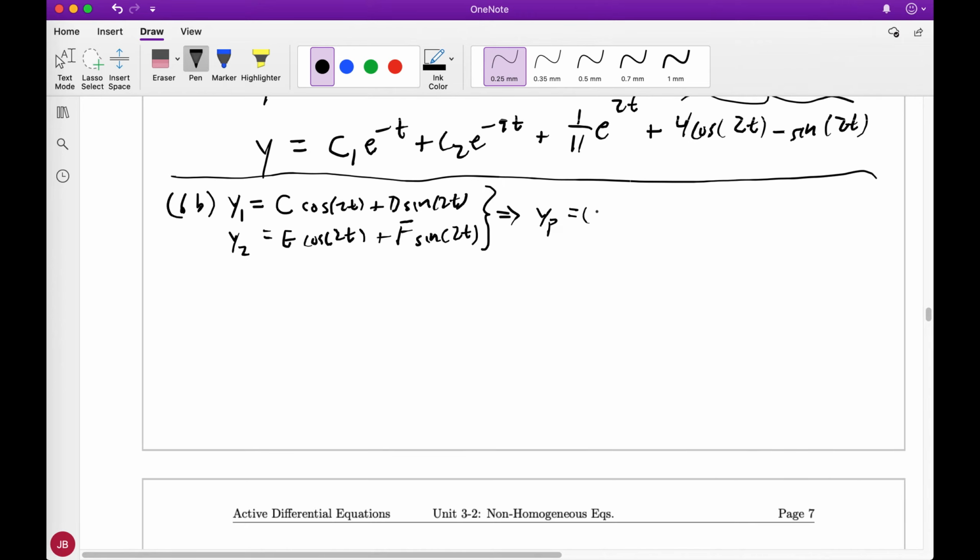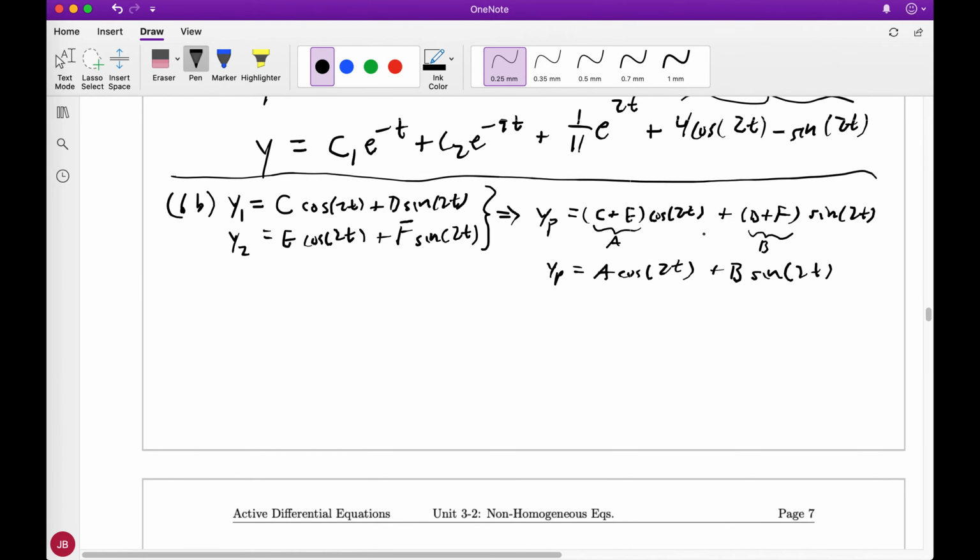So what you get is c plus e times cos 2t plus d plus f times sine 2t. If I just call this a new constant, a, and this a new constant, b, then the particular solution just has the form a cos 2t plus b sine 2t.